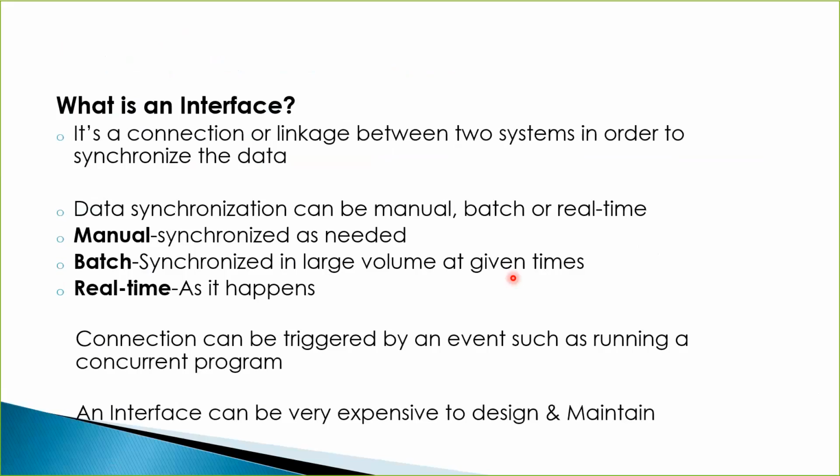For example, say you have an interface with a third-party system which generates sales orders and sends them to GL in the Oracle system. Those sales orders may be sent to Oracle GL as a batch at the end of the week. That's what we mean by batch. With manual, those sales orders can be sent whenever you feel that's the time you want to send them.